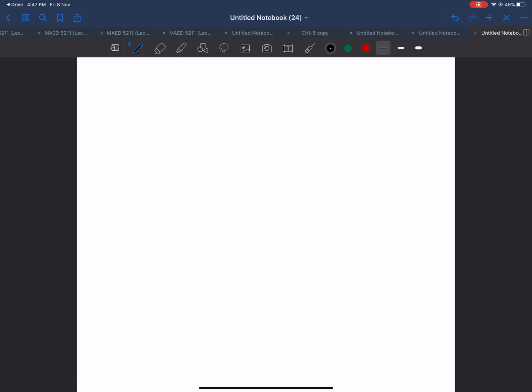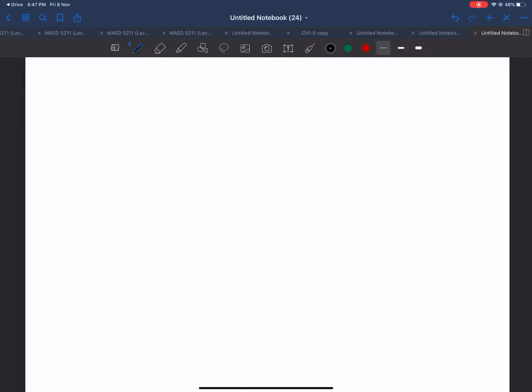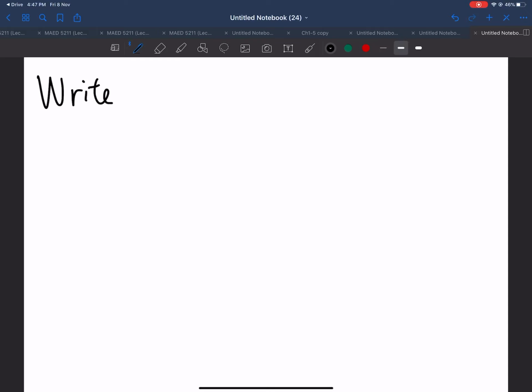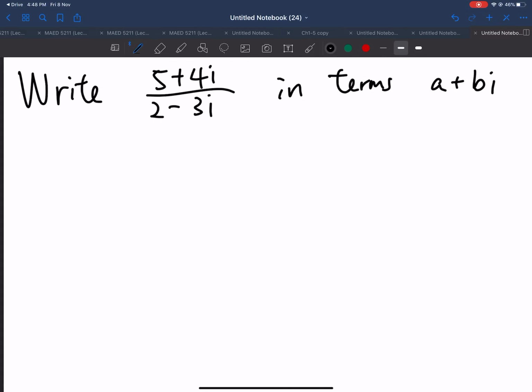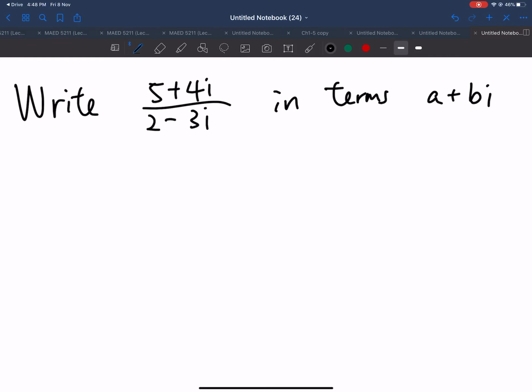There's another thing you need to know about. Sometimes you are asked to write down, like this one, 5 plus 4i over 3 plus 2 minus 3i, in terms of a plus bi. Don't you just multiply the denominator?